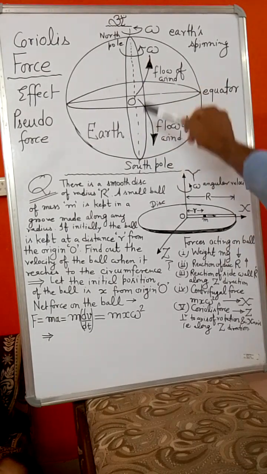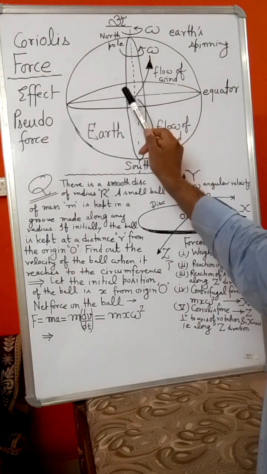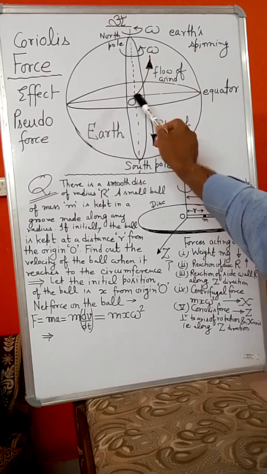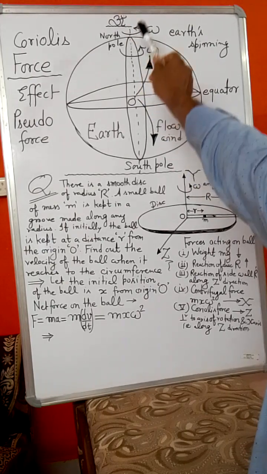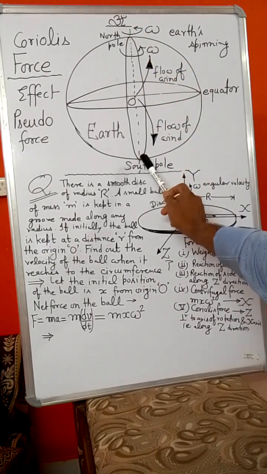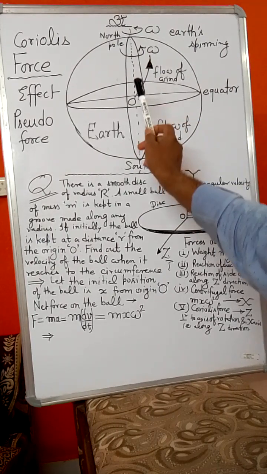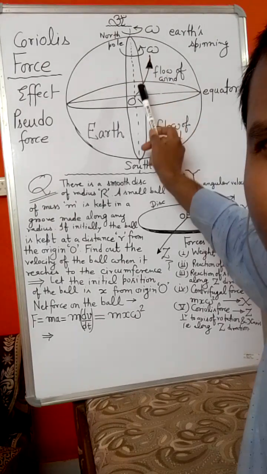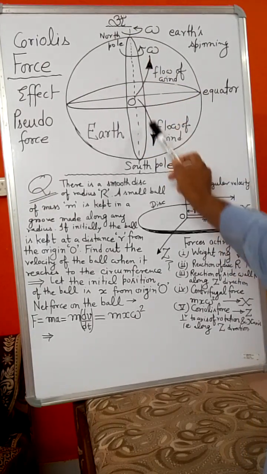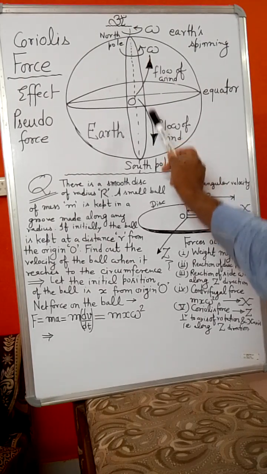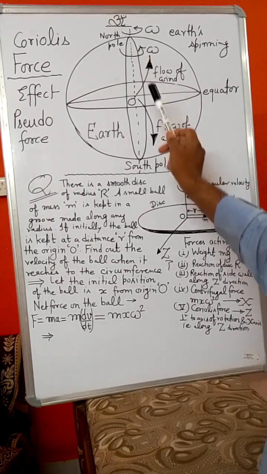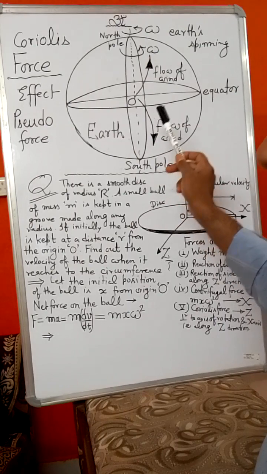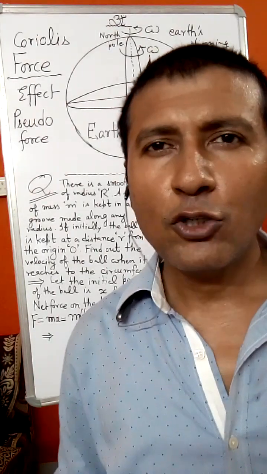As it is clear from the diagram, the air flowing from the equator to either the north pole or the south pole, because of this Coriolis force, gets slightly deflected. Here comes the role of Coriolis force, and this is known as the Coriolis effect. I hope the point must have been clear.